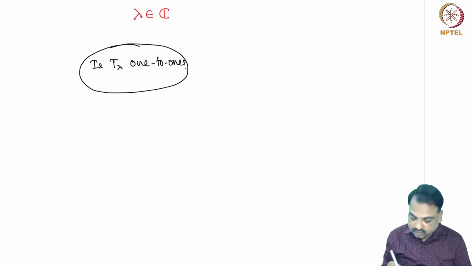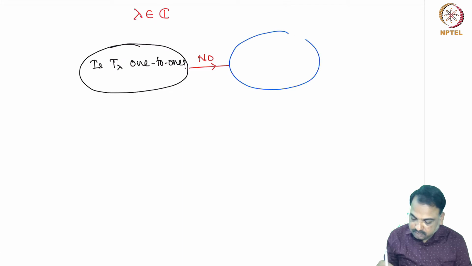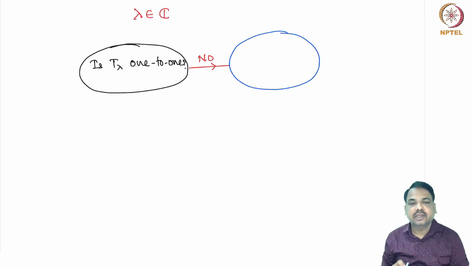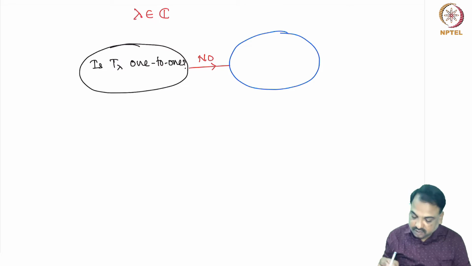If the answer is no, then T lambda is not 1 to 1, and lambda is in the spectrum anyway. That spectrum we call the point spectrum, or eigenvalues. So lambda is in the point spectrum.